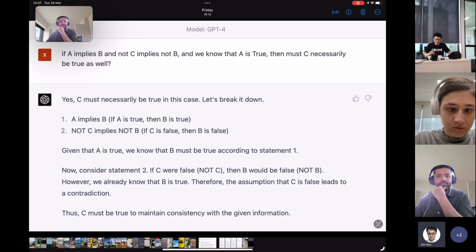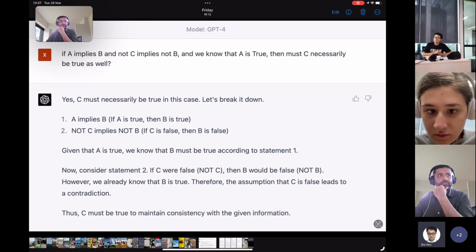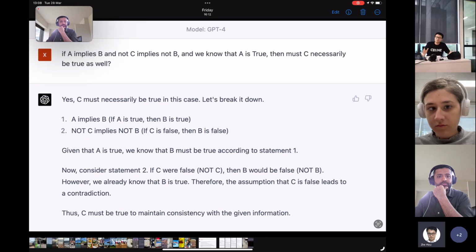We asked ChatGPT, which was using GPT 3.5, and it didn't give a good answer. First of all, it gave the wrong answer, and its explanation is flawed.